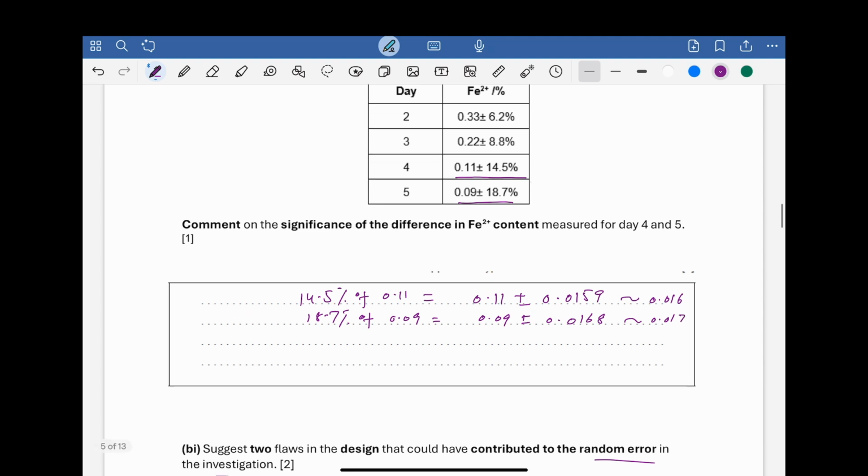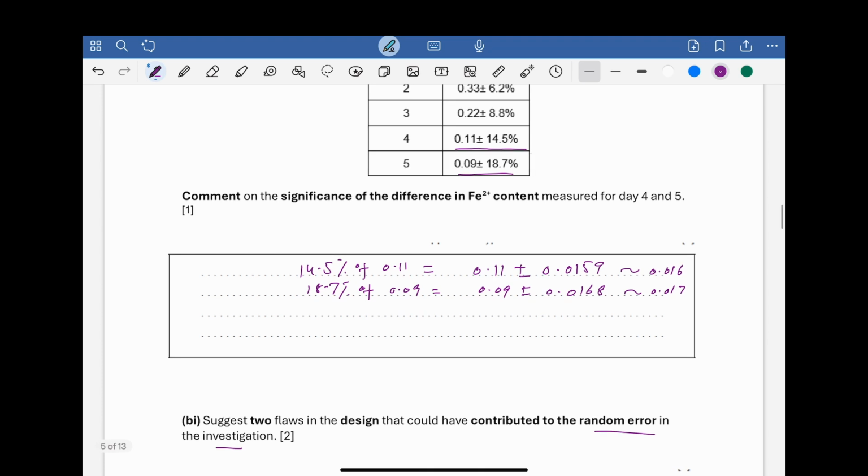Comment on the significance of the difference. There is not really any difference in terms of iron content in day 4 and 5, and the reason is that the uncertainty ranges overlap.